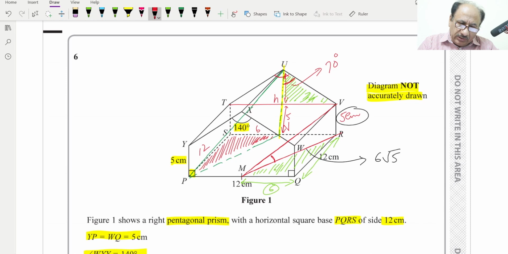Now we can consider the triangle which I have shaded, this green triangle.